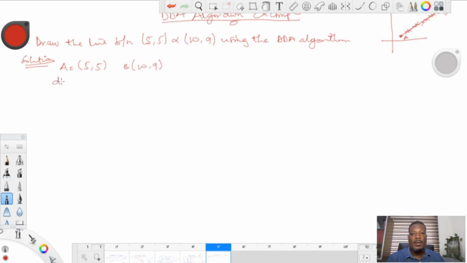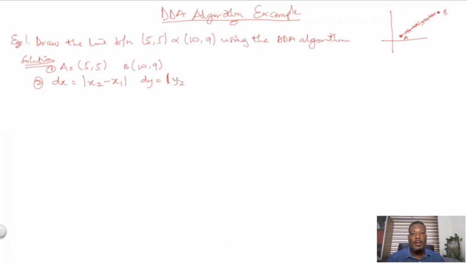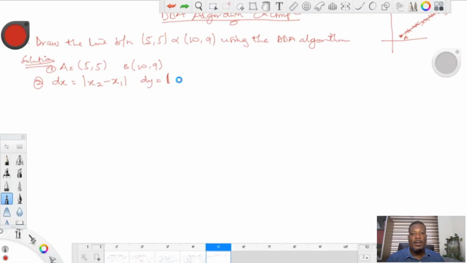So to find dx, which is step 2, first of all, step 1 is to accept the points given. Step 2, find the magnitude of x2 minus x1, and that of dy, the magnitude of y2 minus y1.